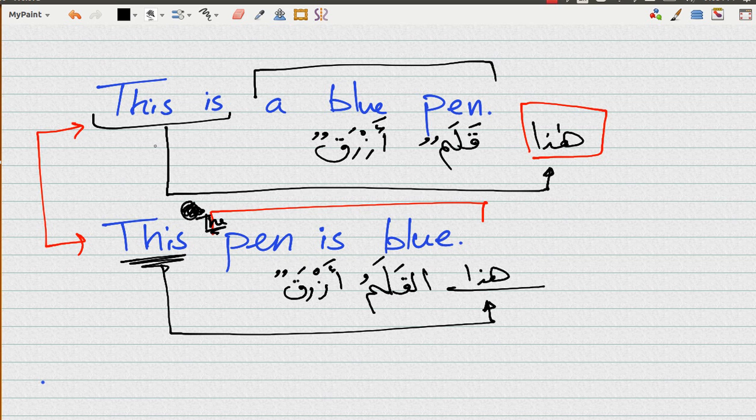So the difference between this is a blue pen, which translates to هذا قلم أزرق, and this pen is blue, هذا القلم أزرق, is just the L. Makes a big difference, but it's just two letters there. Okay?